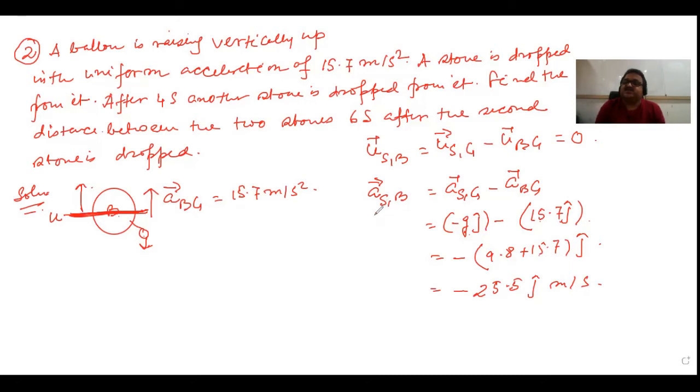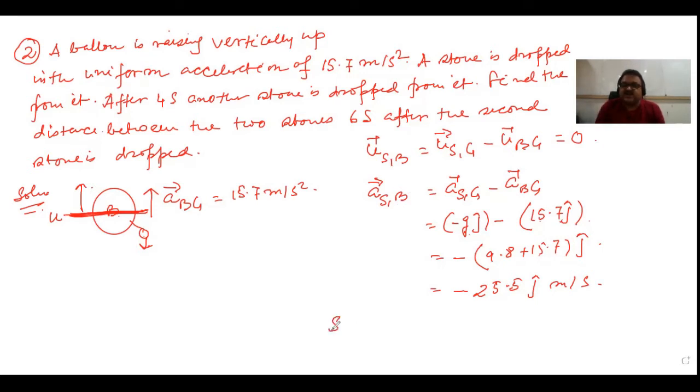Now, what is the distance traveled by the first stone during this 10 seconds? We need to find the distance between the two stones 6 seconds after the second stone is dropped, so the distance traveled by the first stone is the distance traveled in 10 seconds.